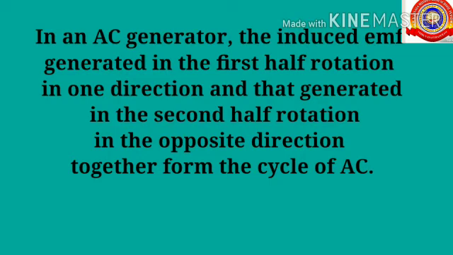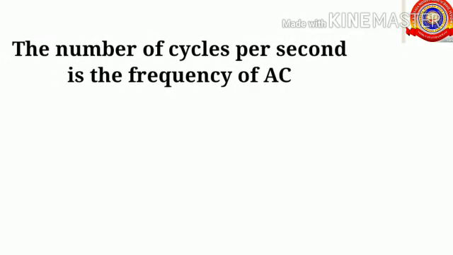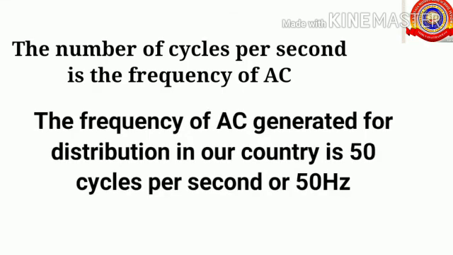The induced EMF generated in the first half rotation in one direction and that generated in the second half rotation in the opposite direction together form the cycle of AC. The number of cycles per second is the frequency of AC. The frequency of AC generated for distribution in our country is 50 cycles per second or 50 Hertz.